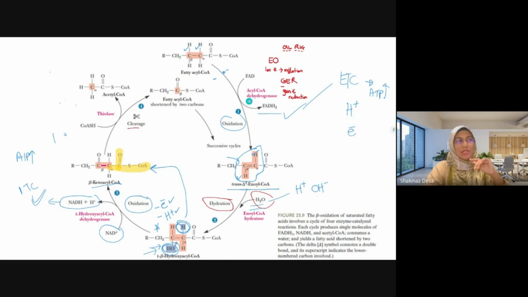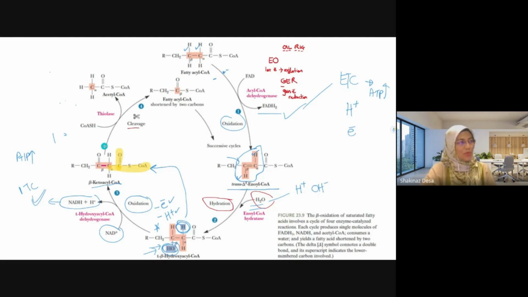Every time you see dehydrogenase, a process of oxidation happens. Itu tips dia. That's a tip. Hydrogenase meaning that ada removal of hydrogen, meaning ada oxidation. Here also berlaku oxidation and then finally we're going to get ketoacyl CoA sebab ada ketone group.